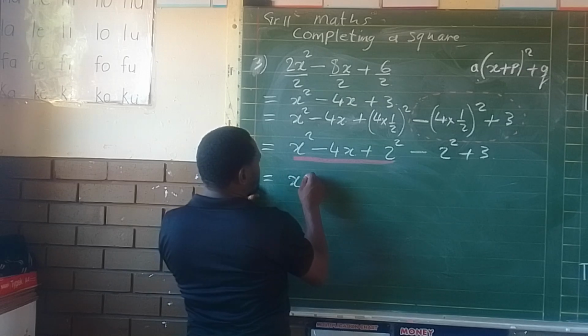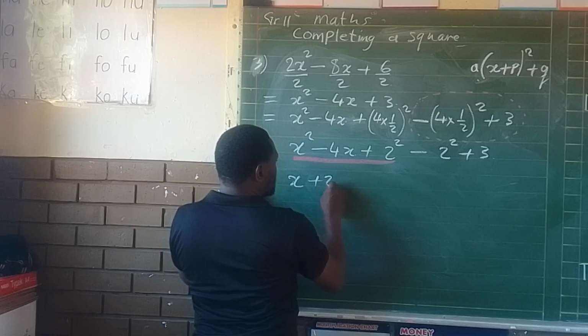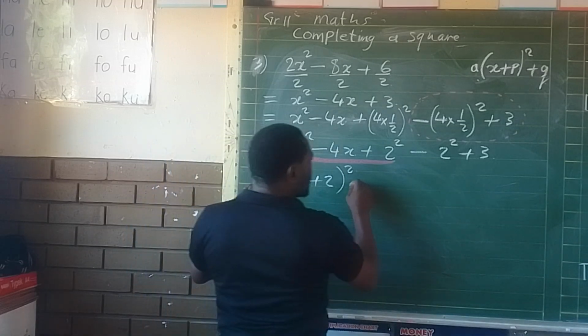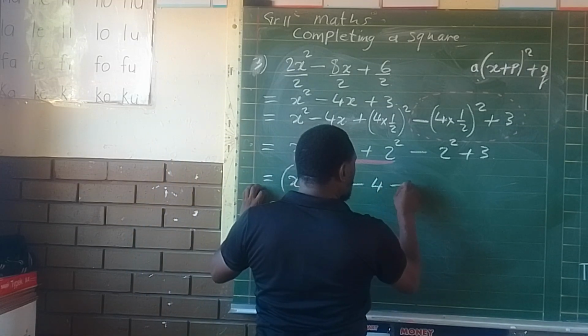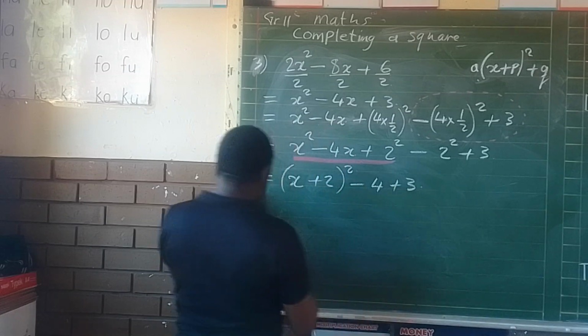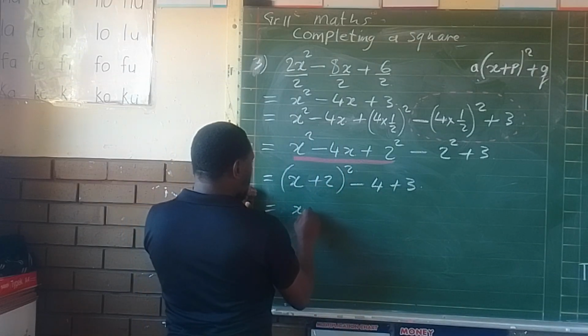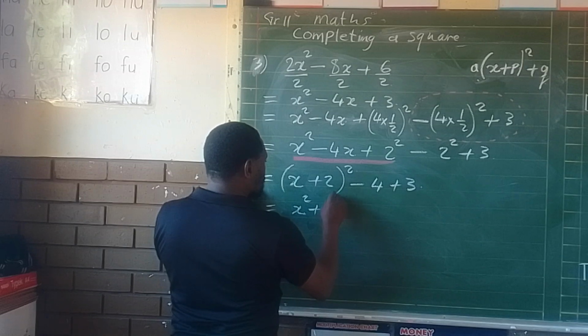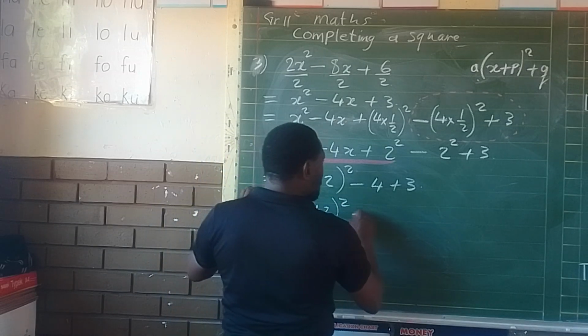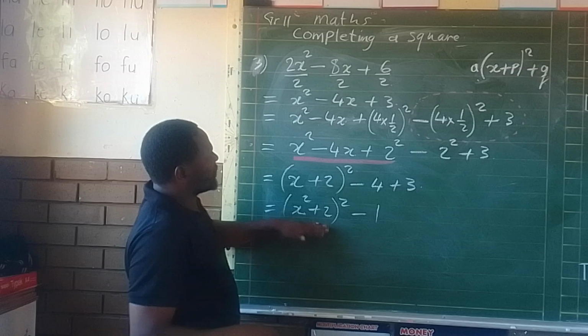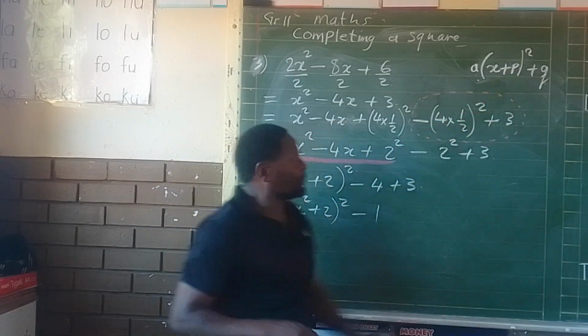So you say x plus 2 all squared minus 4 plus 3, which is x plus 2 squared minus 1. This is in that form.